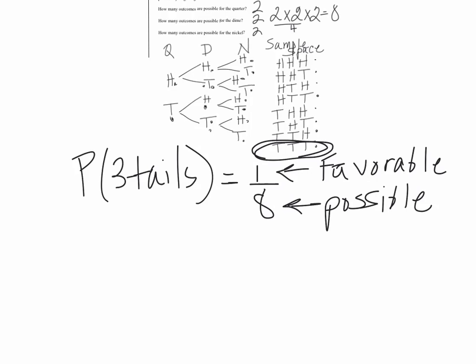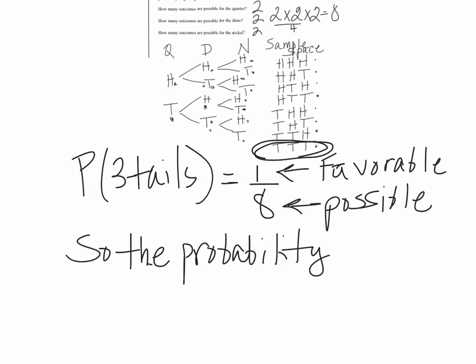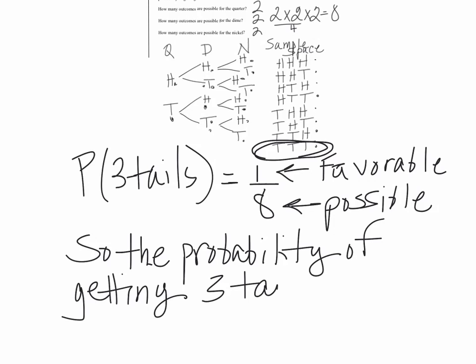Favorable over possible outcomes. So, the probability of getting 3 tails is 1/8.